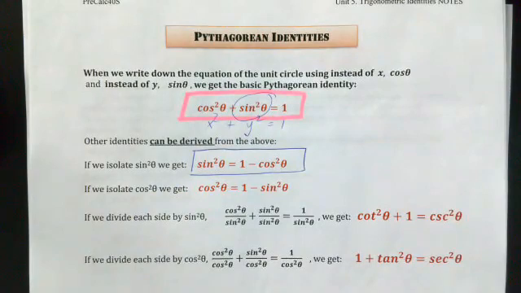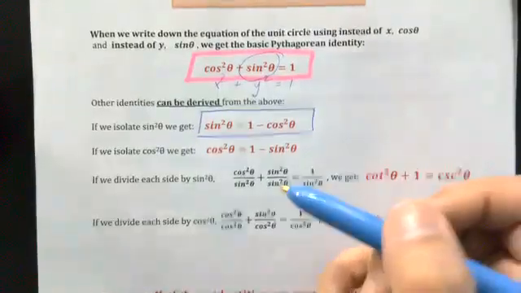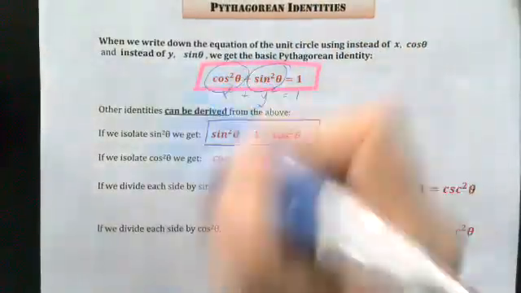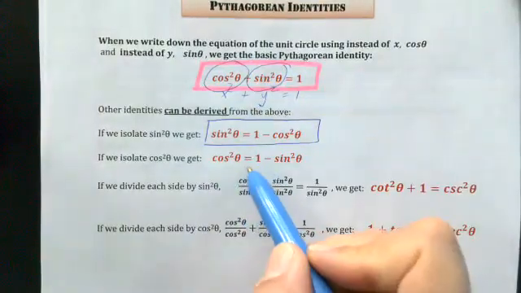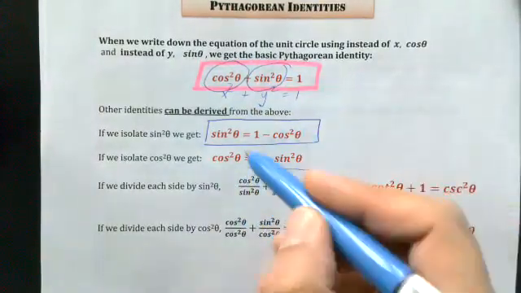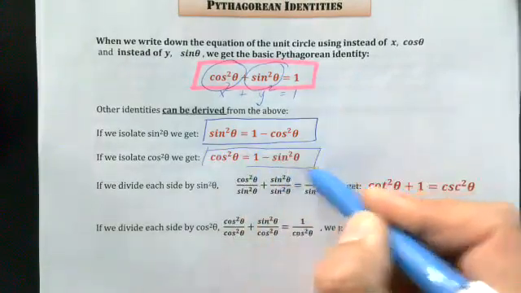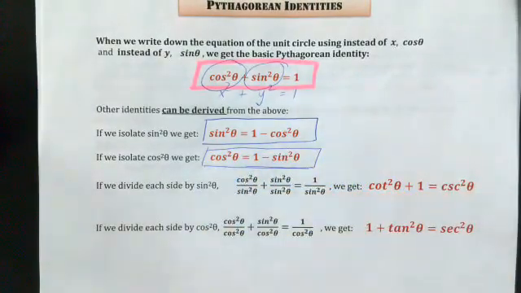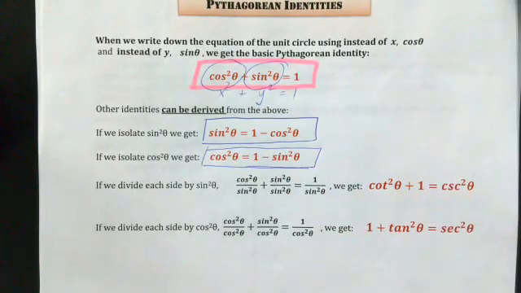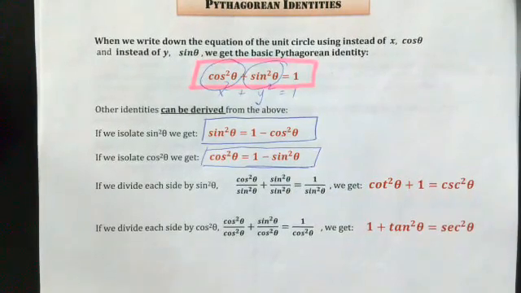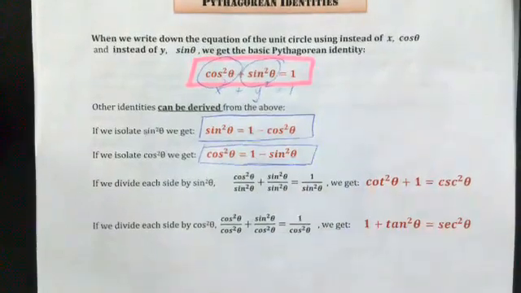So if I want to write a sine squared expression into a cosine expression, I would have to use this equality. Same thing for cosine. If I want to isolate cosine by itself, that means I have to move sine to the other side. I'm going to get a second type of Pythagorean identity. And these are pretty easy to remember.